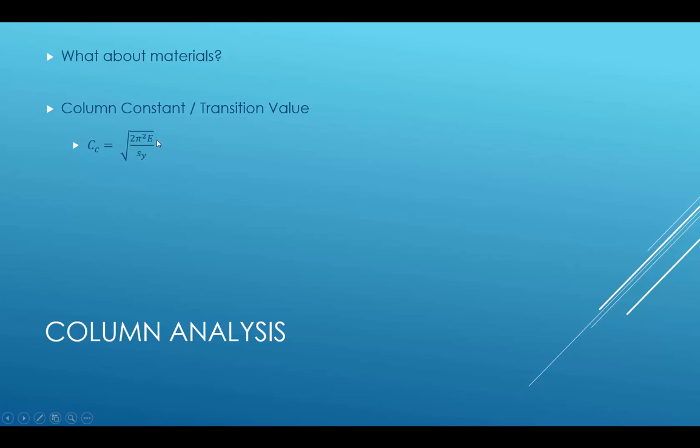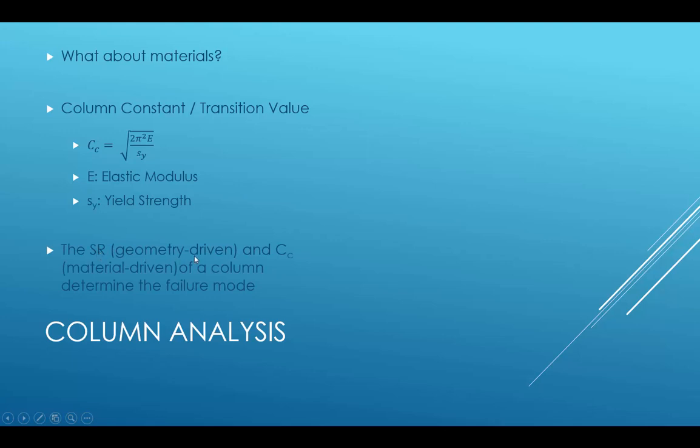The E is the elastic modulus and SY is the yield strength. Notice how the slenderness ratio is geometry driven and the column constant is material driven. These two things together will help determine what failure mode we will see, and therefore what kind of loading we can expect to support.